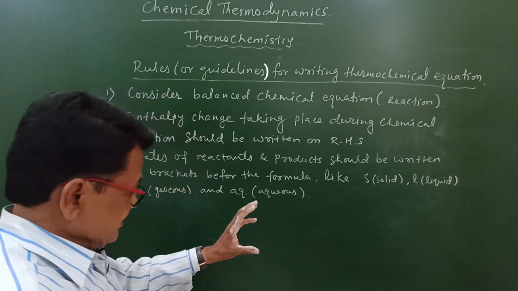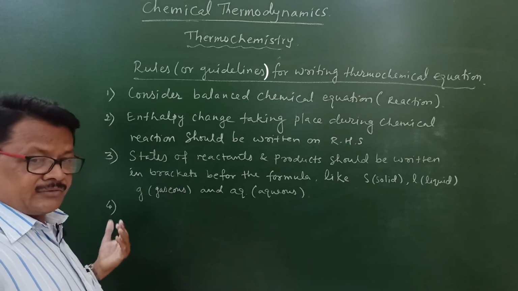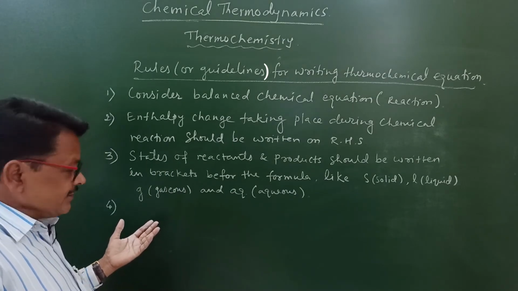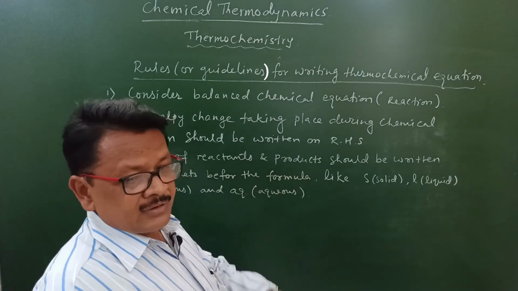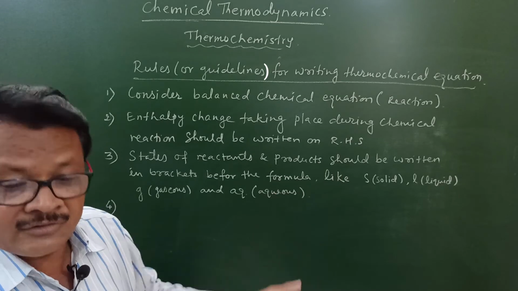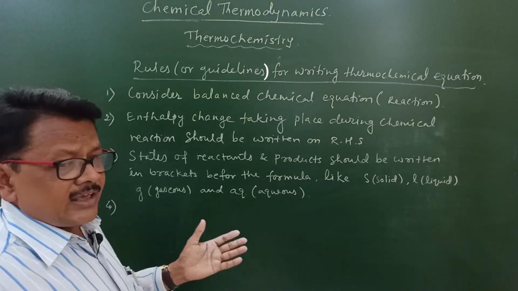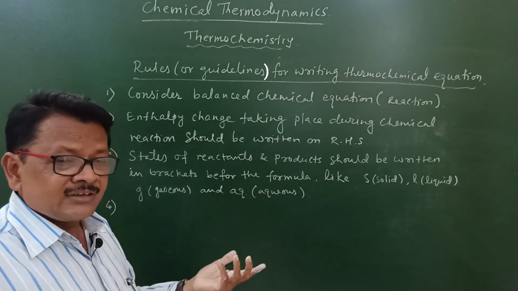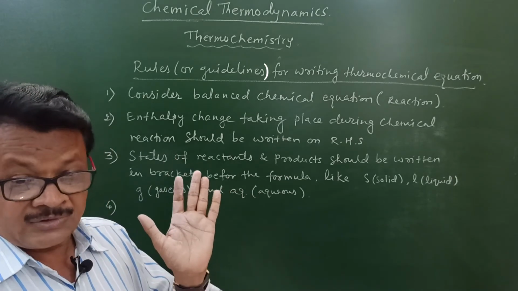And if that reaction is reversed, meaning product is written on the left hand side and reactants on the product side, then the sign of the enthalpy change also gets reversed. Suppose any reaction is initially exothermic and you reverse it, it becomes endothermic. So that is the fourth rule.